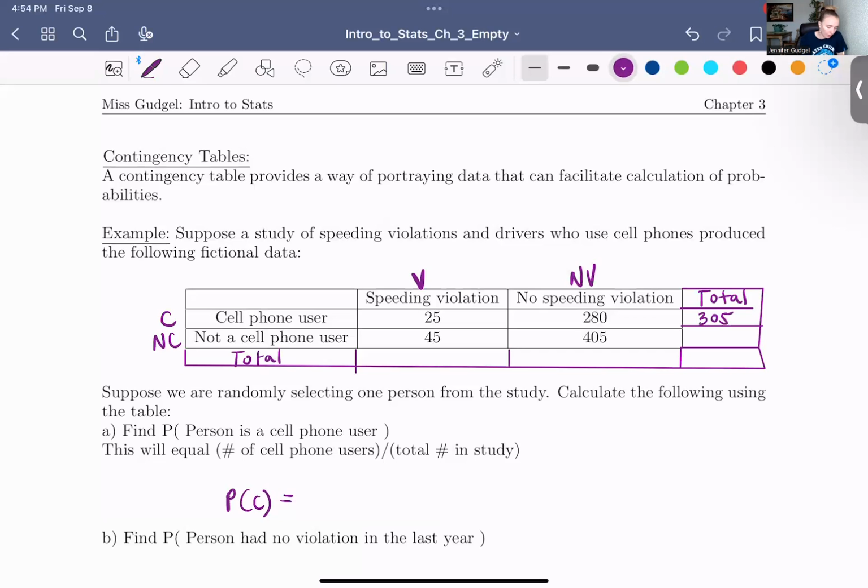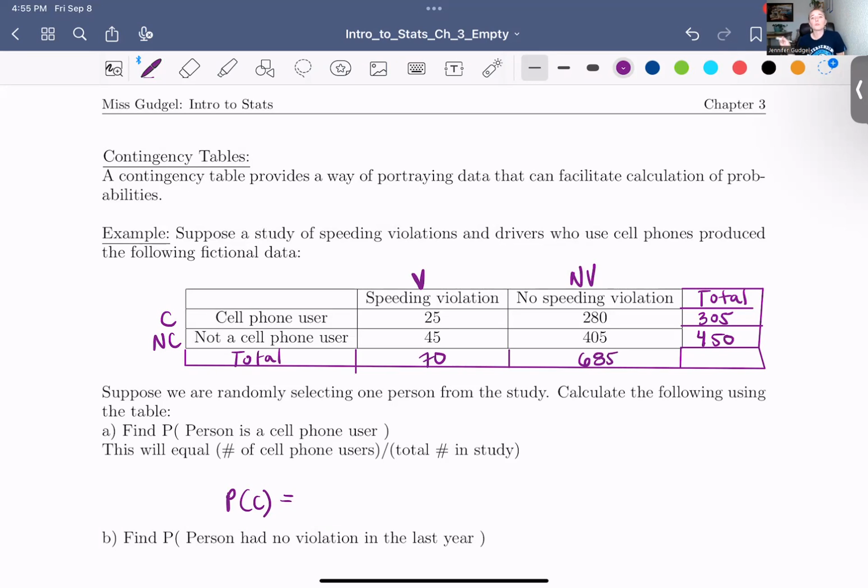All right, the total number of non-cell phone users, people who don't have a cell phone, is 45 plus 405, or 450. The total number of people who had speeding violations is going to be 25 plus 45, or 70. The total number of people who didn't have speeding violations is going to be 280 plus 405, or 685.